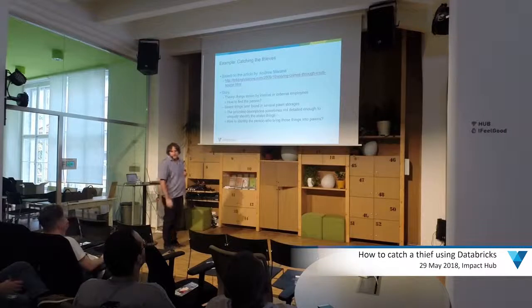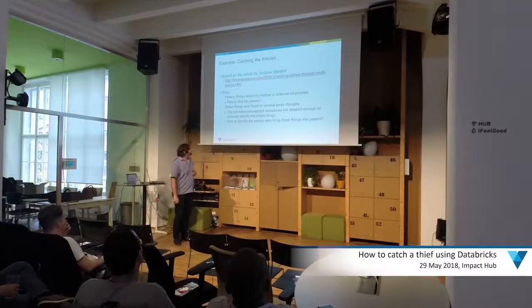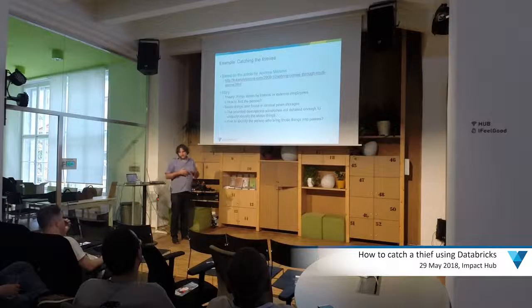He is a data analyst working for the FBI and other institutions. So he's really doing data analysis to solve crimes. Of course, this story is simplified, so it's not real data. It was not actually used for the investigation, but it's inspired by the work that is really done by the investigators.